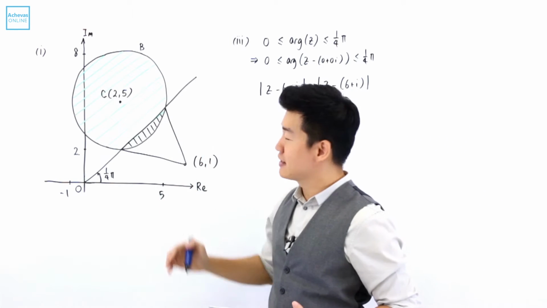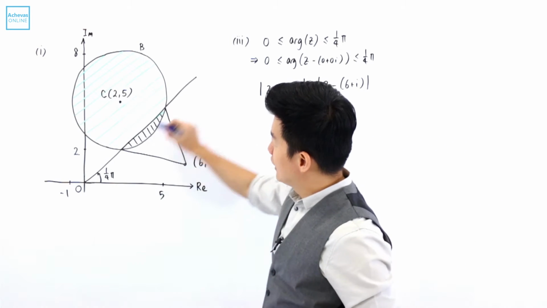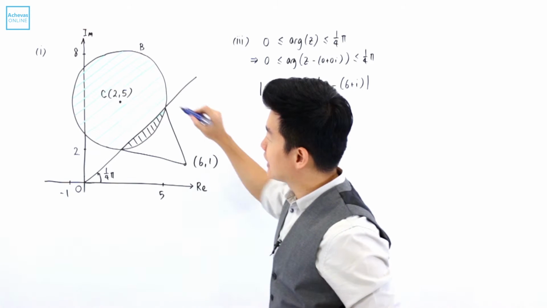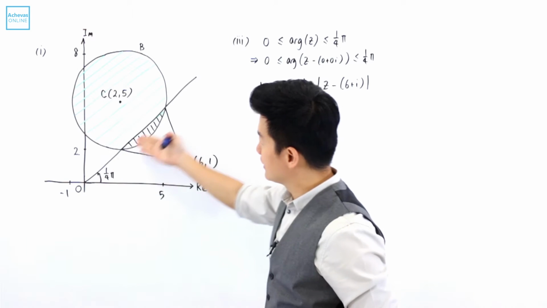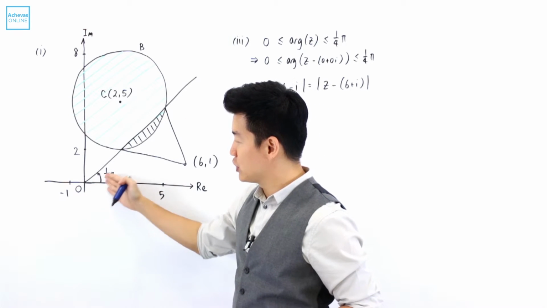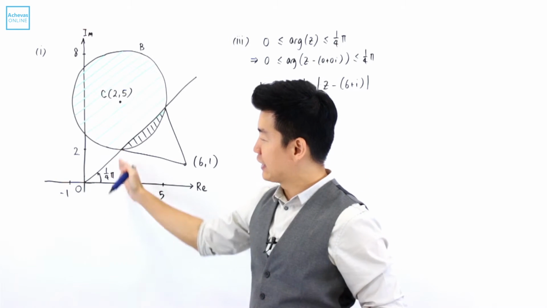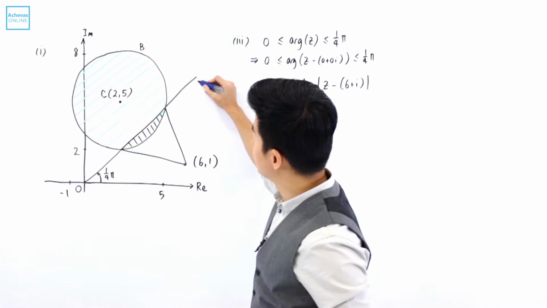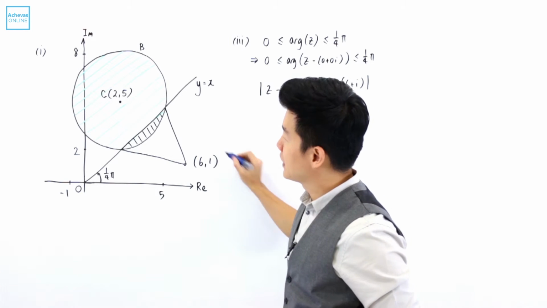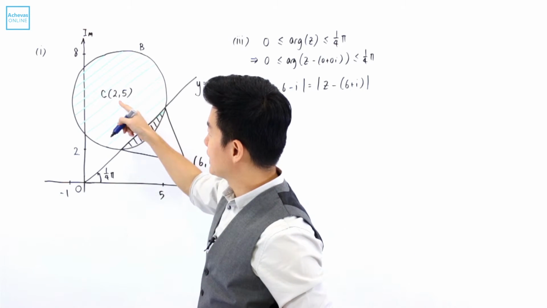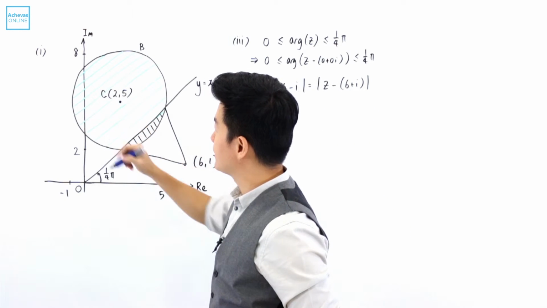To find these two distances is actually quite easy because I can try to reinterpret this entire loci into its Cartesian form. This is a line that passes through the origin and it has an angle of 1/4 pi, which means that the Cartesian equation of this line is y is equal to x. This is a circle with the center at 2, 5 and the radius is 3.